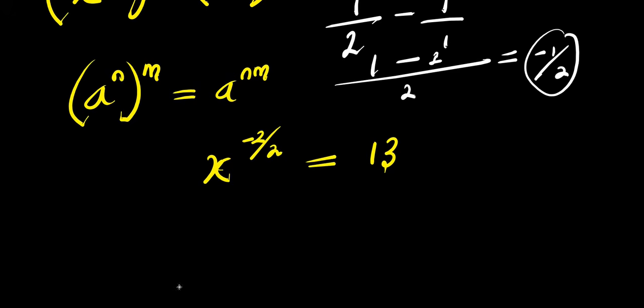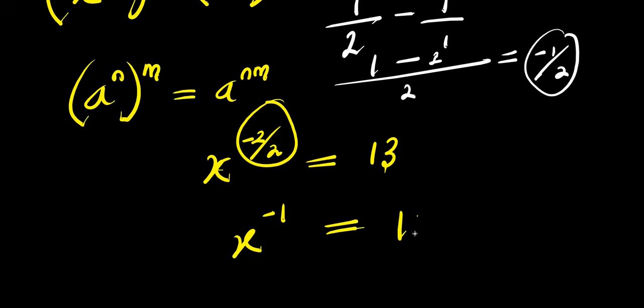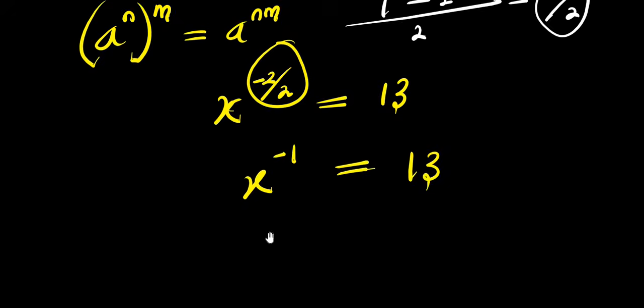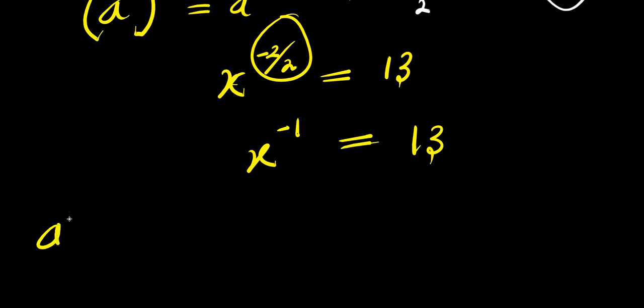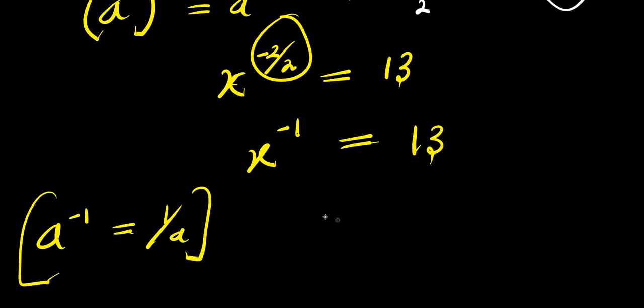So from here, negative 2 divided by 2 is negative 1. We have x to the power negative 1 equals 13. And what you should know is that if you have a to the power negative 1, this equals 1 over a. So x to the power negative 1 is 1 over x.